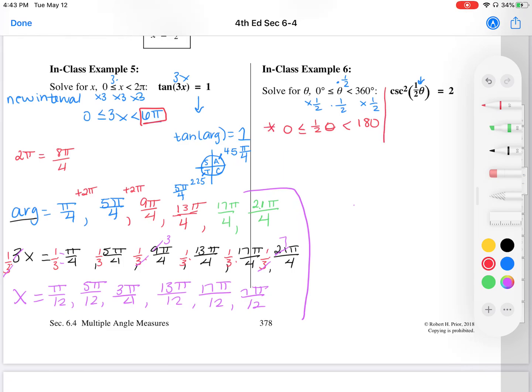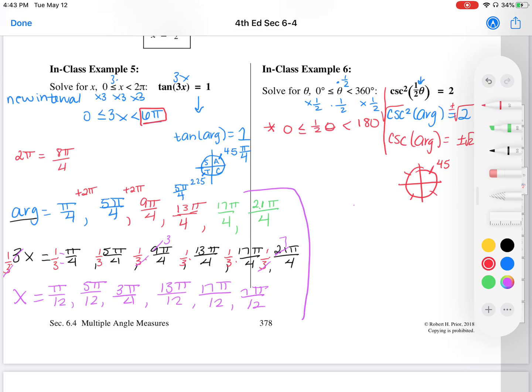All right, let's go ahead and change our argument to arg. So we have cosecant squared of arg is equal to 2. We want cosecant by itself, so we take the square root, plus or minus. So I have cosecant of arg is equal to plus or minus square root of 2. Well, when is cosecant square root of 2? It's square root of 2 at 45 degrees.